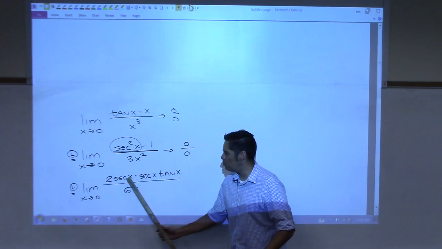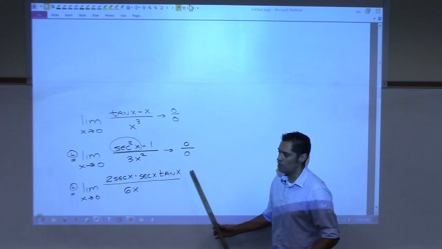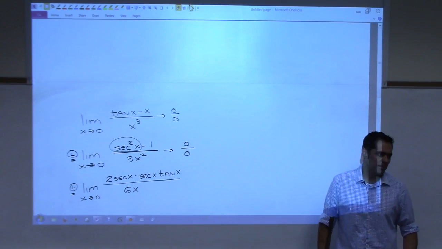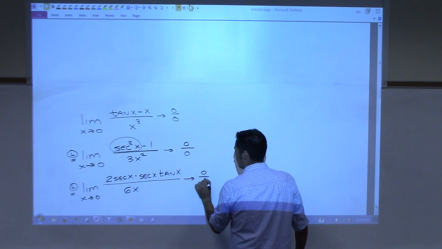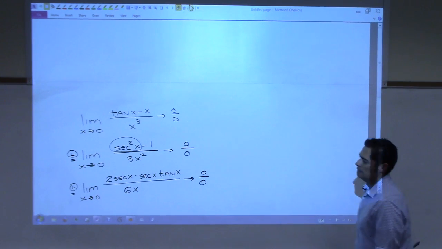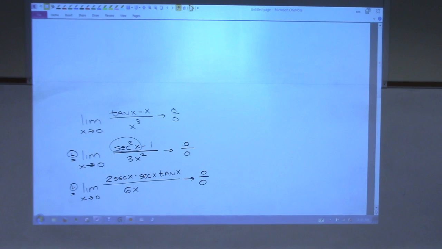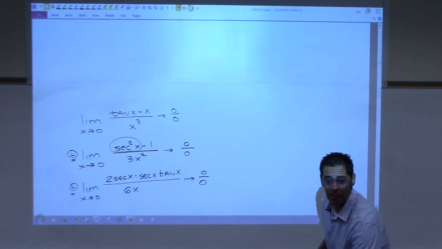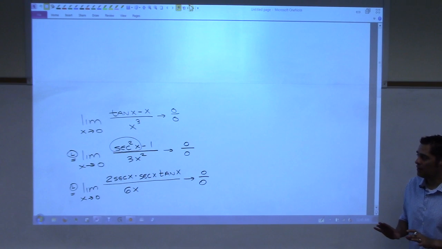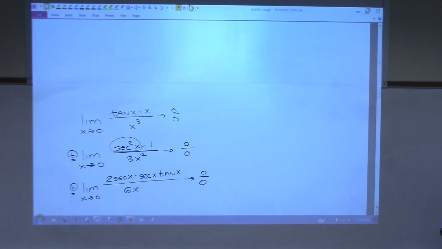So this is 1, that's a 2, but tangent of 0 is 0. So we have 0 on top, and on the bottom, 0. Yeah. Now, this next step is extremely important, all right? We can use L'Hopital right now, can't we?